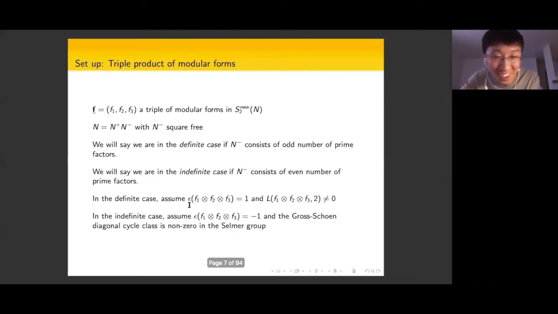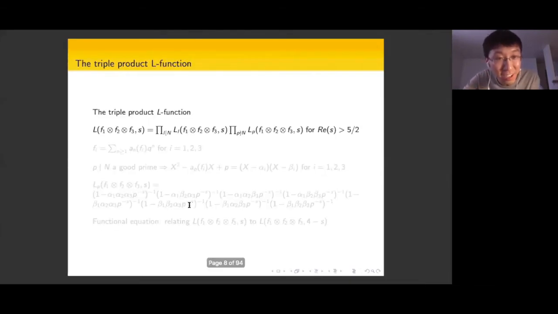Okay, sorry. So as I said, next I want to introduce the triple product L-function. First of all, this triple product L-function is defined by the product of Euler factors when the real part of s is greater than 5/2.